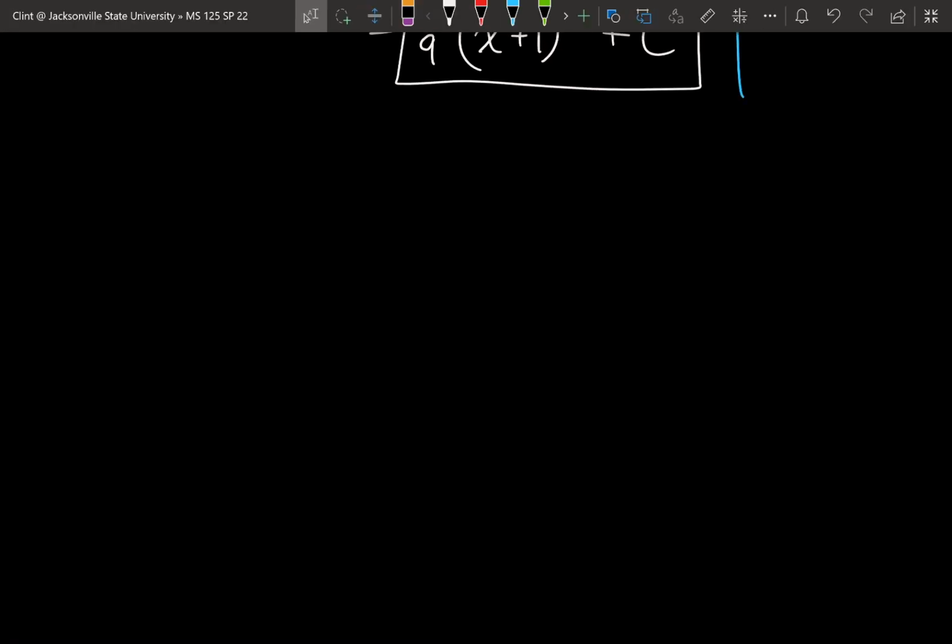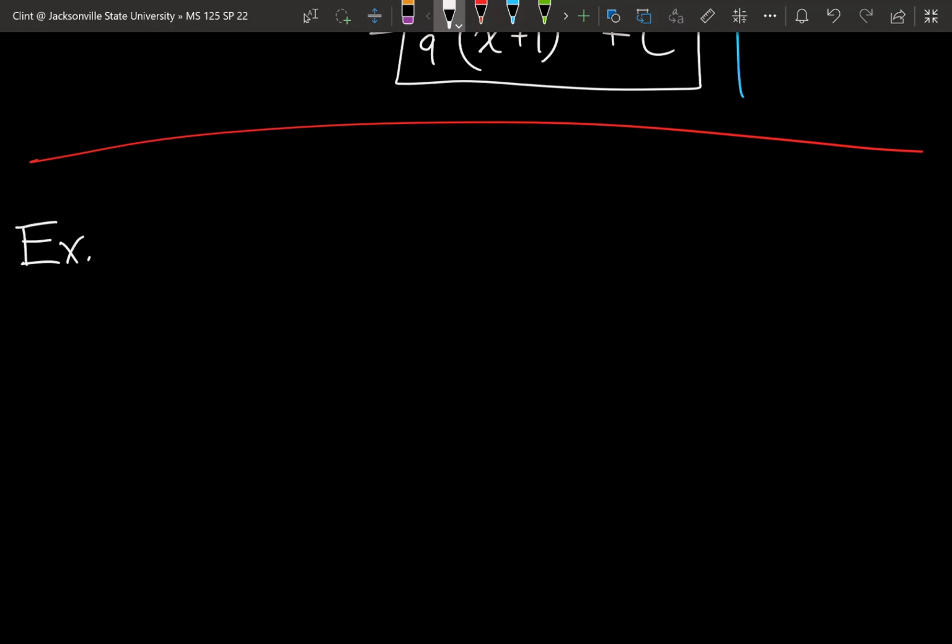Let's look at a definite one. So we want the integral from 0 to 4 of the square root of 2x plus 1 dx.